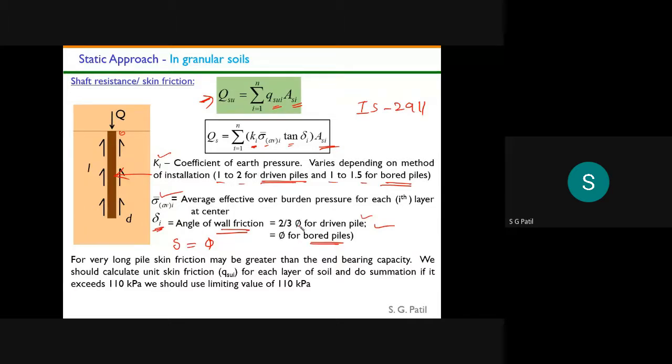That's why they reduce the phi value in the case of driven piles. Whereas in bored piles, the disturbance will be less and there will be very good bonding between pile and soil. So you can take phi value itself as the angle of wall friction.